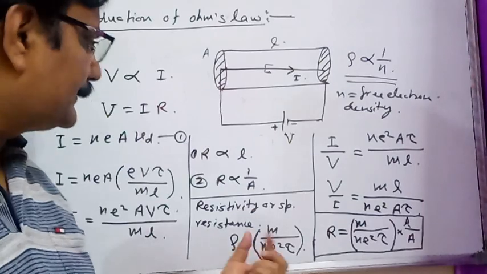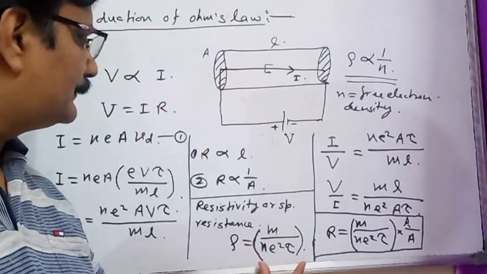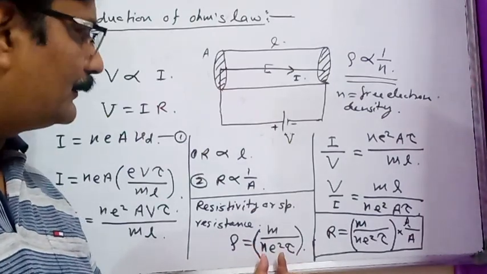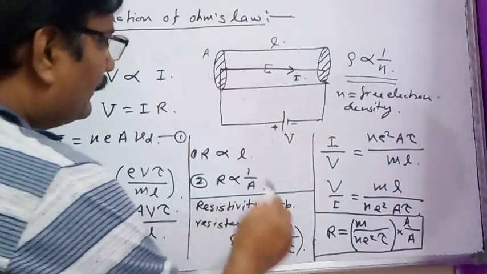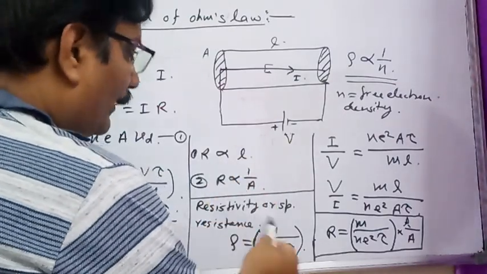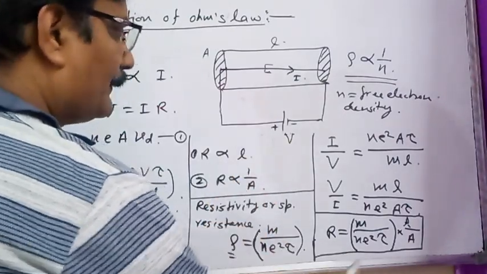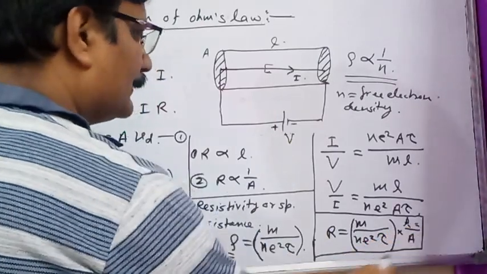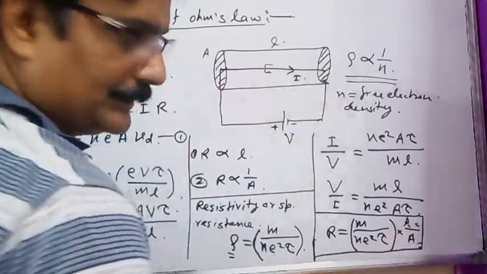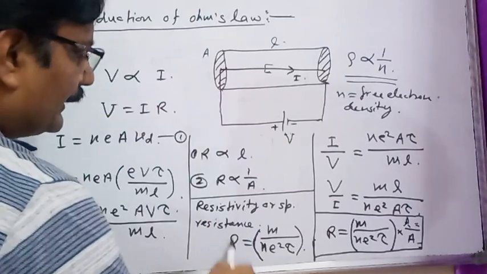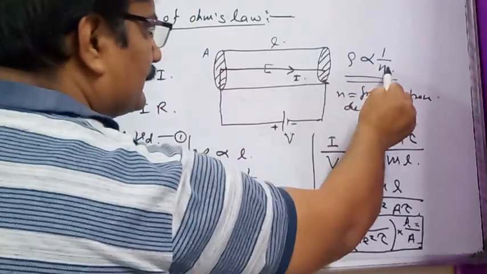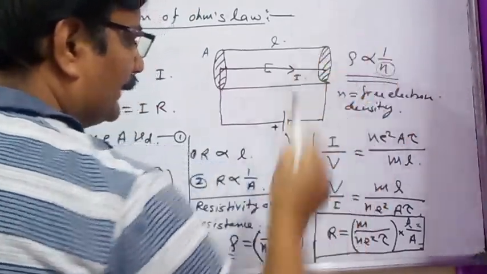That is why we are saying resistivity is characteristic of the material, not of the conductor. Resistance of a conductor is decided by all three factors: resistivity, length of conductor, as well as area of cross section. But resistivity is decided by only one factor, that is free electron density of the material.